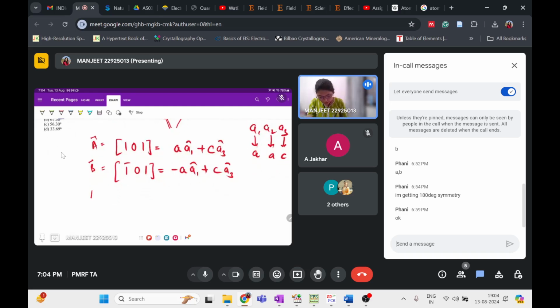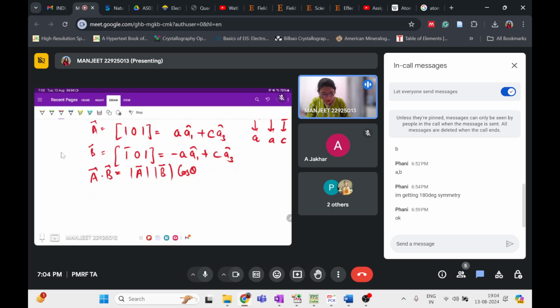Now just take the dot product. a dot b will be the magnitude of a times the magnitude of b and cos theta, the angle between them. Taking the dot product, this will become minus a square plus c square. This dot product gives a into minus a, which is minus a square, and c into c, which is c square.